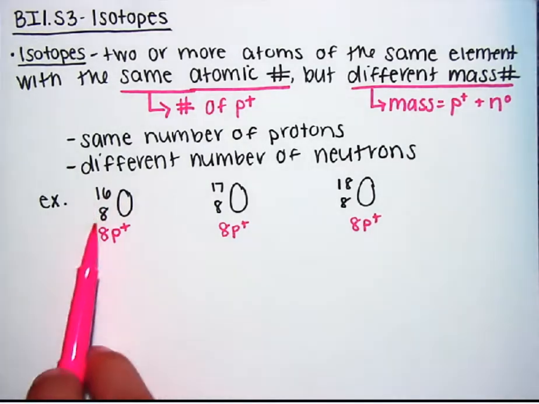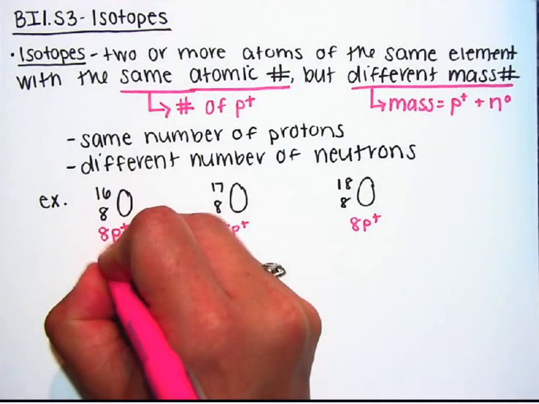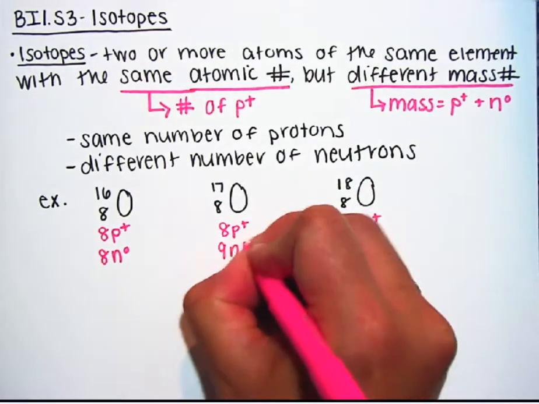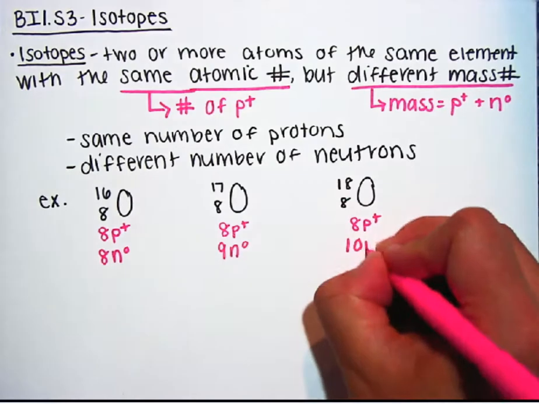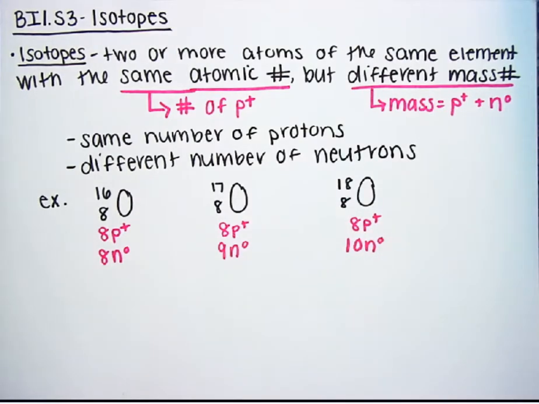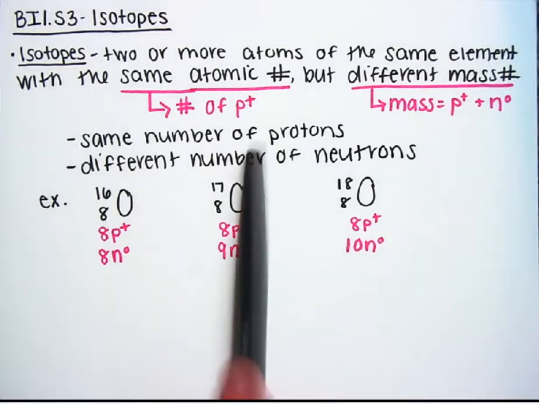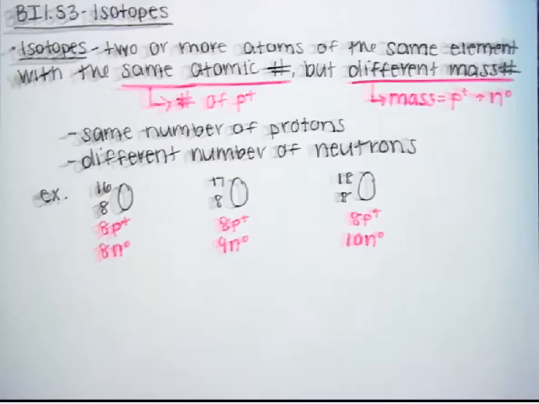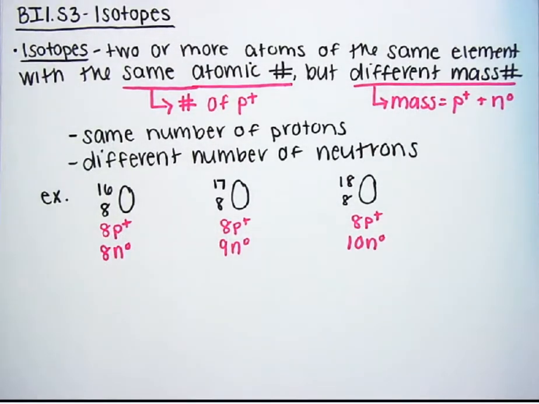If I take my mass number minus the atomic number, that will give me the number of neutrons. So these three atoms would be isotopes. They're the same element, they have the same atomic number, meaning the same number of protons, but they have different mass numbers, indicating that they have a different number of neutrons.